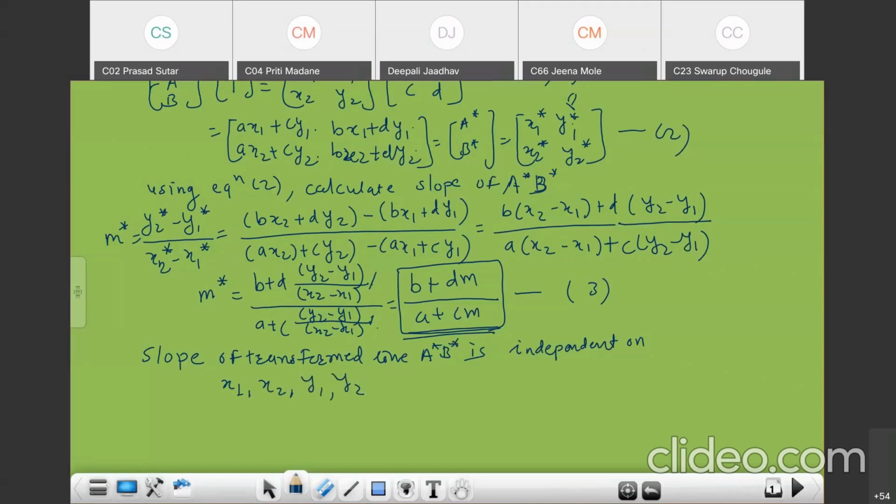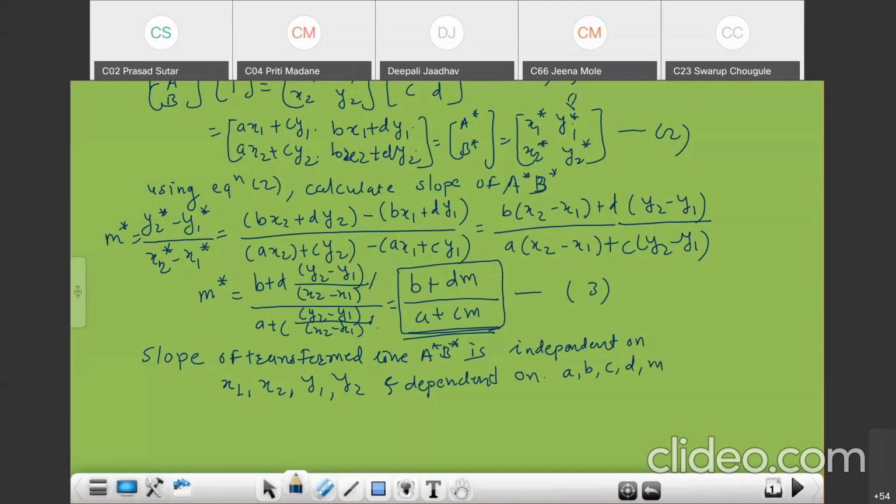It is independent of x1, x2, y1 and y2, and depends on a, b, c, d and m.